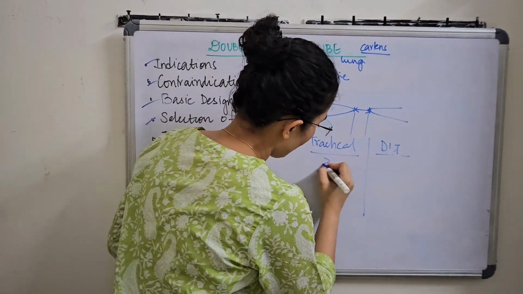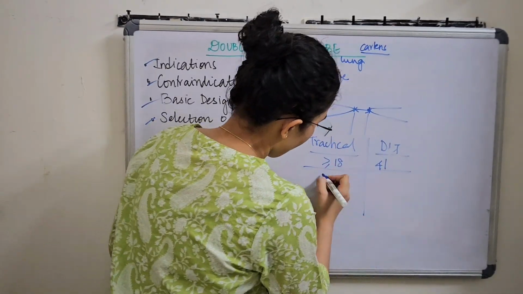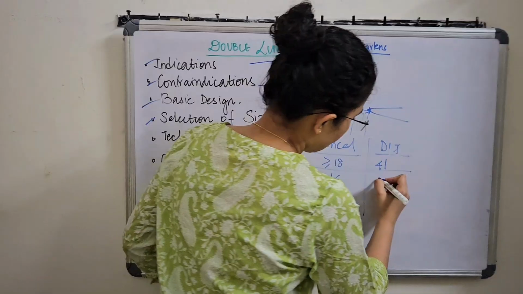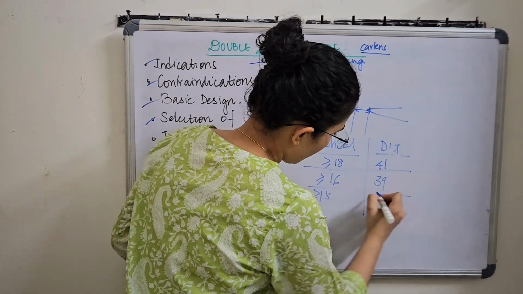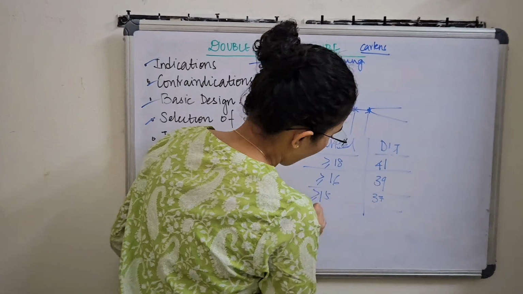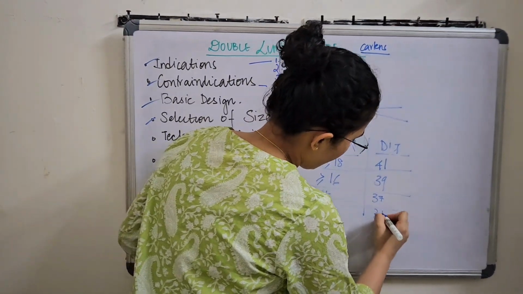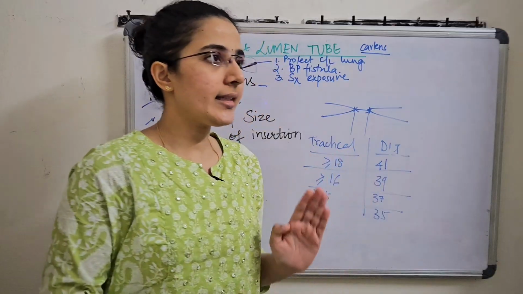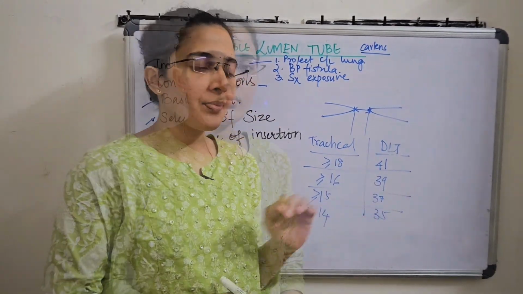If the tracheal width is more than or equal to 18, the DLT size will be 41. If it is more than or equal to 16, DLT size will be 39. More than or equal to 15, it will be 37. Or more than or equal to 14, it will be 35. So this is another technique to determine the size of the DLT.